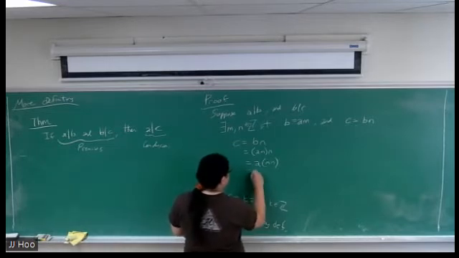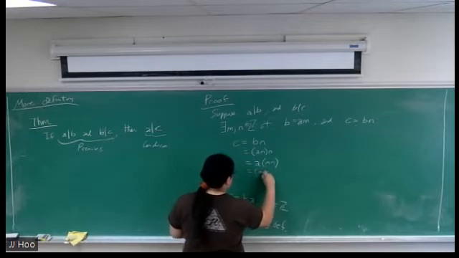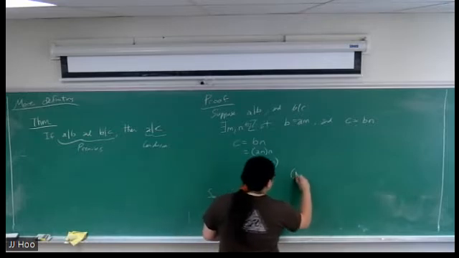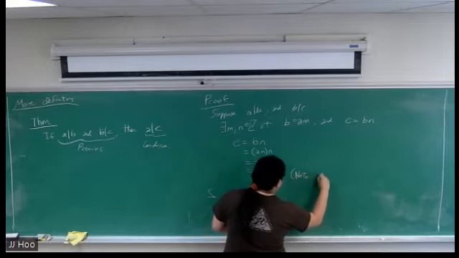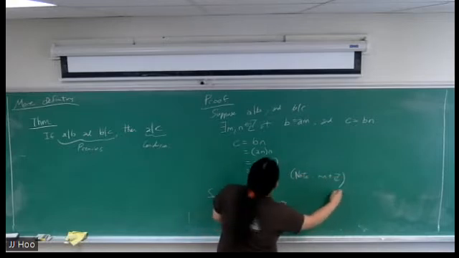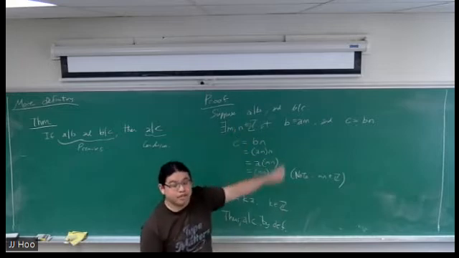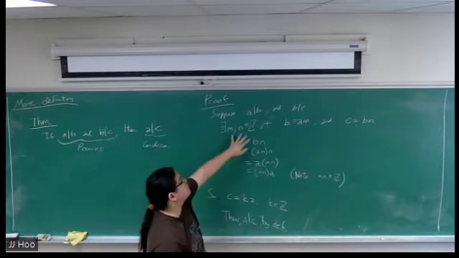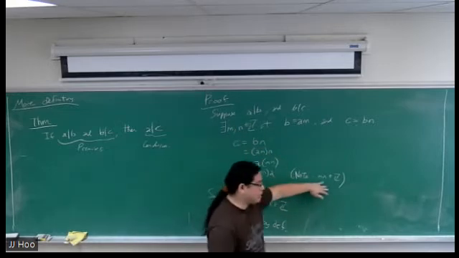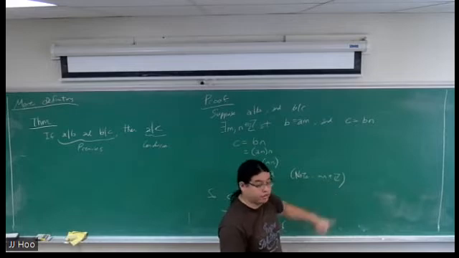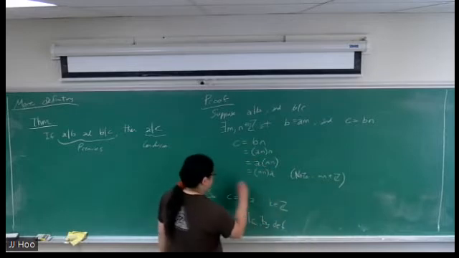Equals MN times A. And we'll note that MN is an integer. Why? Because we picked M and N to be integers that satisfy this statement, that exist integers M, N, and since M and N are each integers, their product is also an integer.